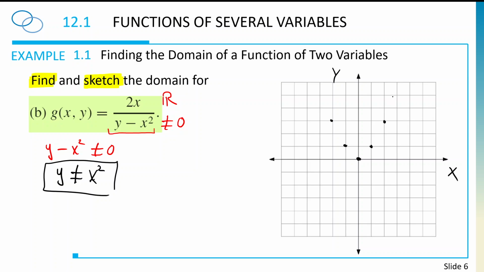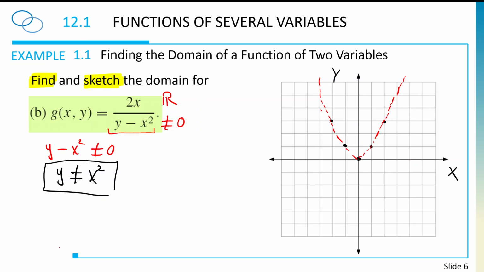And let's graph our parabola. If I need it not to be included, then I have to do what? A dashed curve. I'm just doing a sketch. So the x squared should be a dashed curve, because it's not included. This is the graph of x squared.